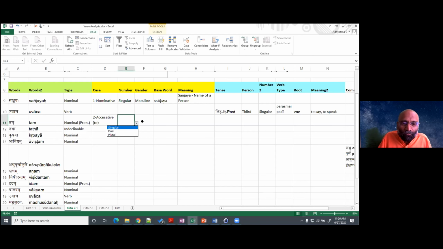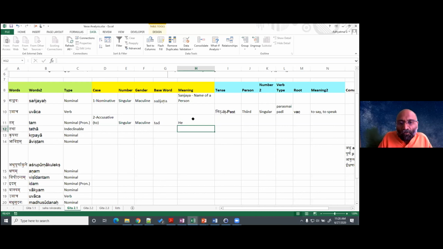This is also singular, masculine, and here the base word is tad. How do you know tad is the base of tam? As I said, it requires some knowledge of grammar. If you have already been attending Sanskrit class, you can easily understand it. But tad is the base word here, and the meaning is he.